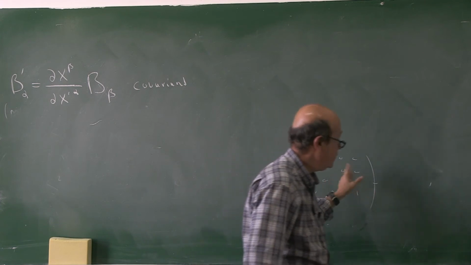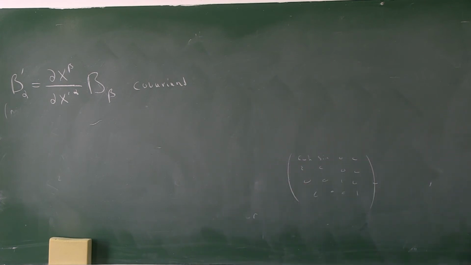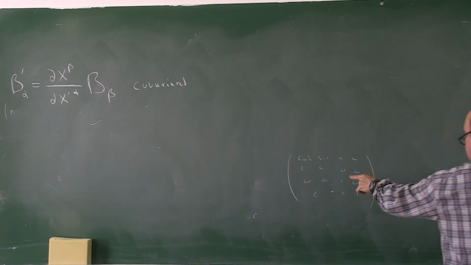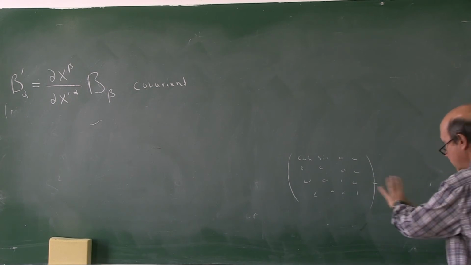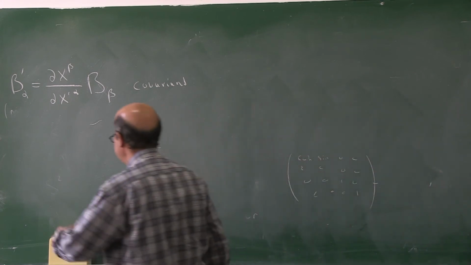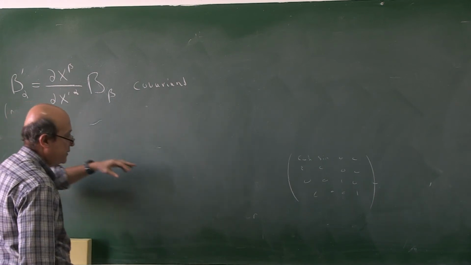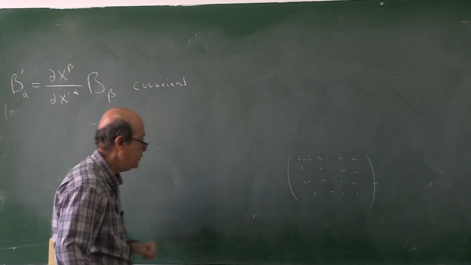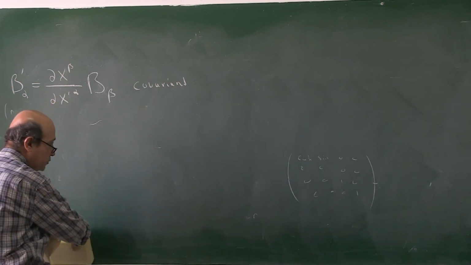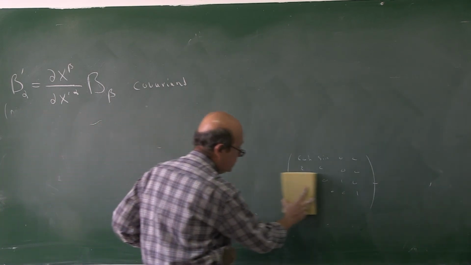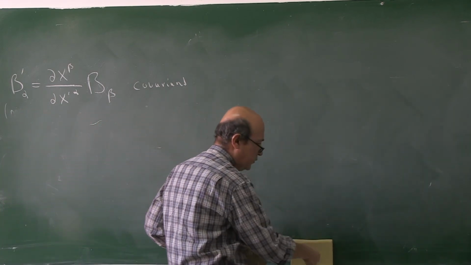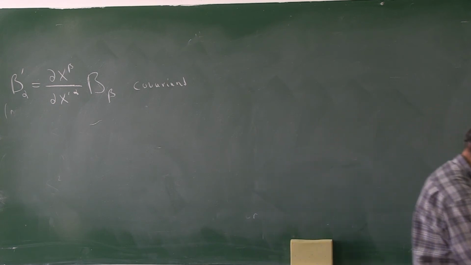Don't write this. You can call these the elements of this boost matrix if you want. So this is the mathematical form. So alpha beta is related to the elements of the transformation matrix. We will come to this when we study the transformation of the electric and magnetic fields.